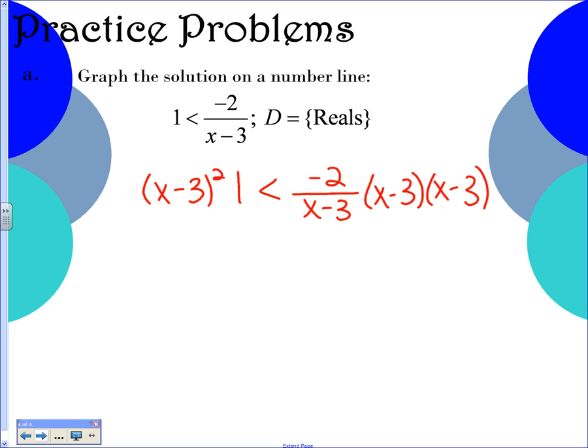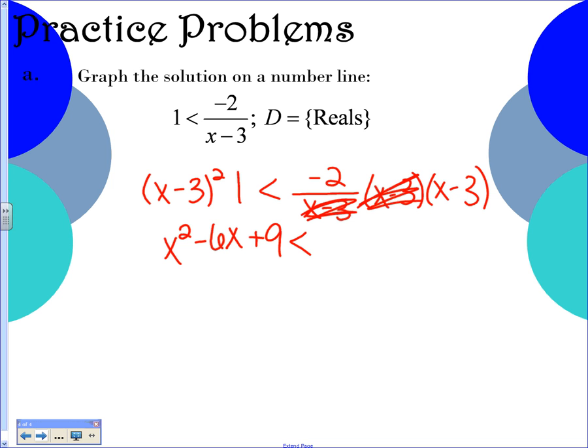One of these cancels. What is x minus 3 squared? Okay.